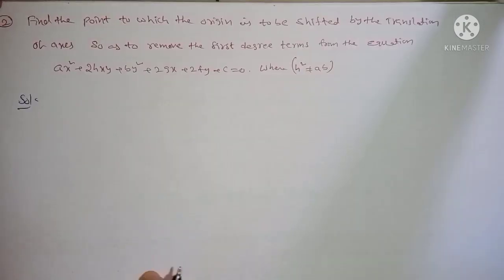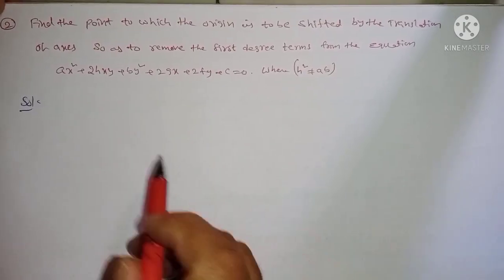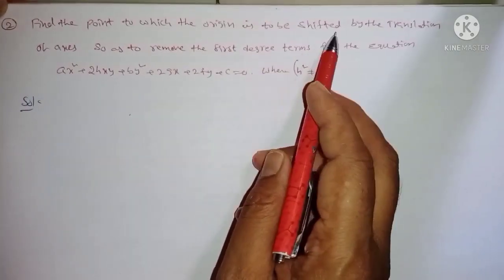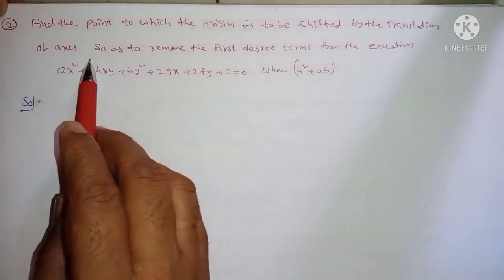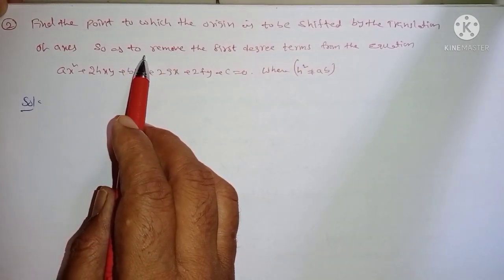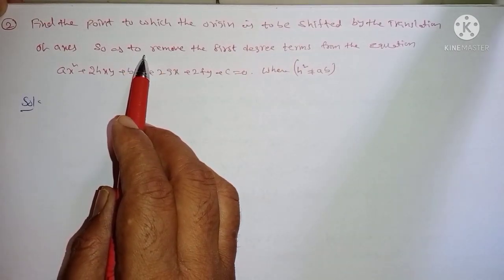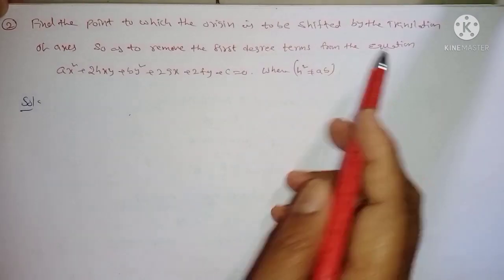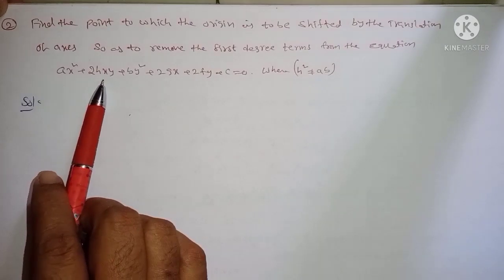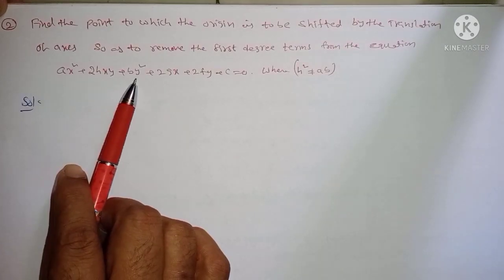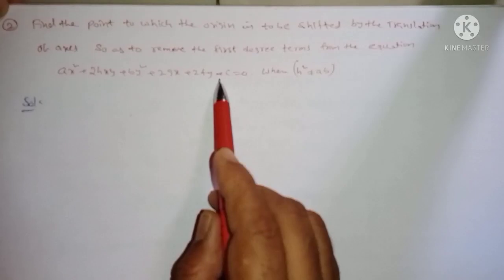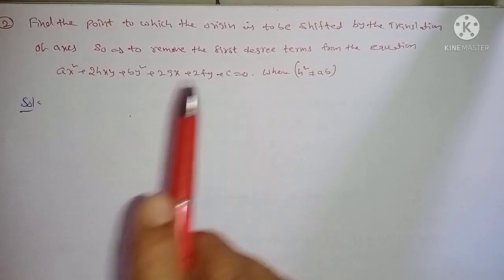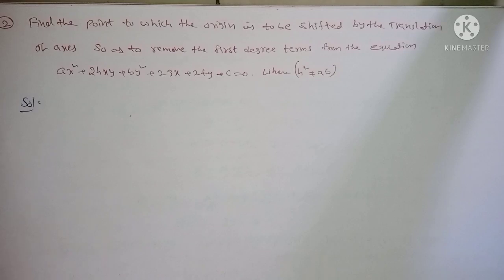Let us see the second example: find the point to which the origin is to be shifted by the translation of the axis so as to remove the first degree terms from the equation ax square plus 2hxy plus by square plus 2gx plus 2fy plus c is equal to 0. This is another different method, very interesting.